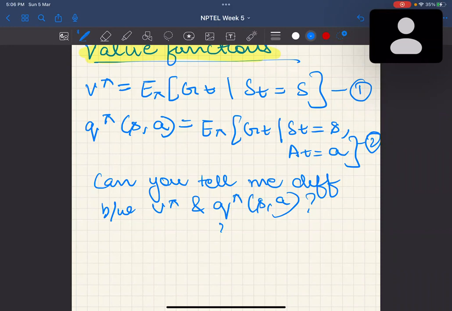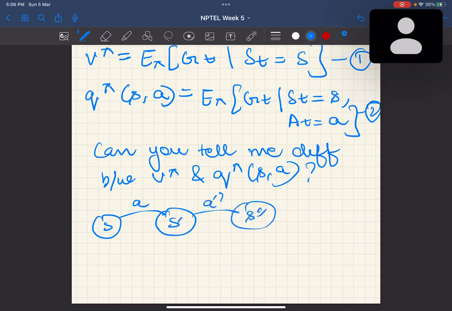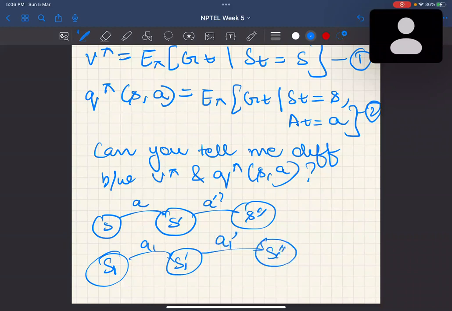Yes, you are correct. I can show it like this also. If I'm in a particular state S, I take action A, then go to S dash, then A dash, then S double dash. Or S1, A1, S1 dash, A1 dash, S1 double dash. Basically, if I'm in the state, I calculate the expected reward.